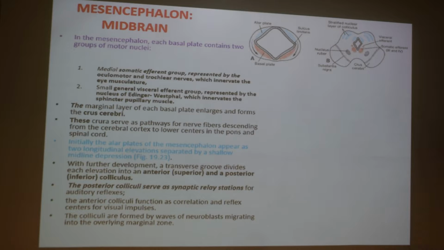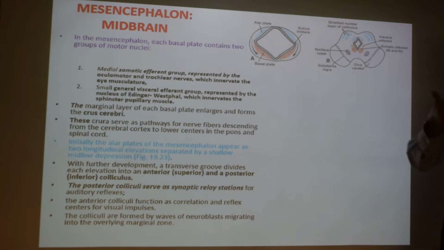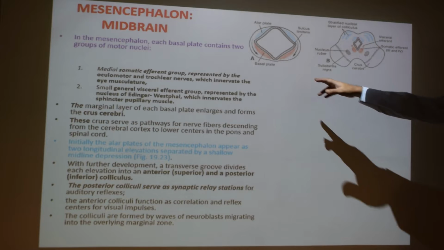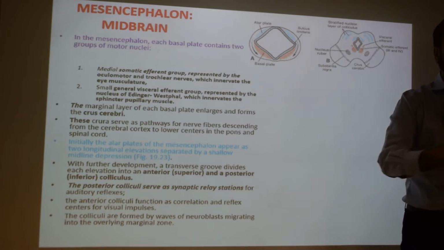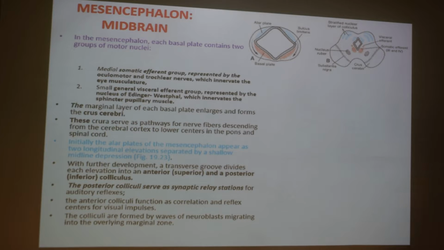The superior colliculus is responsible for visual responses, and the inferior colliculus is responsible for the auditory responses. So the basal plate is responsible for giving the trochlear and oculomotor nuclei and the Edinger-Westphal nucleus, and the marginal layer from the basal plate is going to give rise to the crus cerebri. The alar plates here are going to give rise to the superior and inferior colliculus.